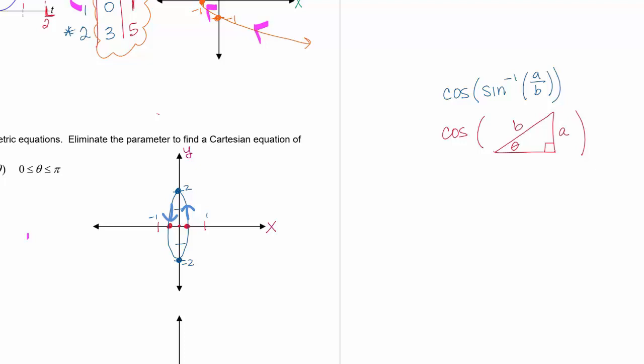So I can use the Pythagorean theorem to solve for my missing third side, and now I can take the cosine of this angle. Well, use your SOHCAHTOA or however you know it. So this is now adjacent over hypotenuse. And that's where we would need to end up, not at this mess up here.